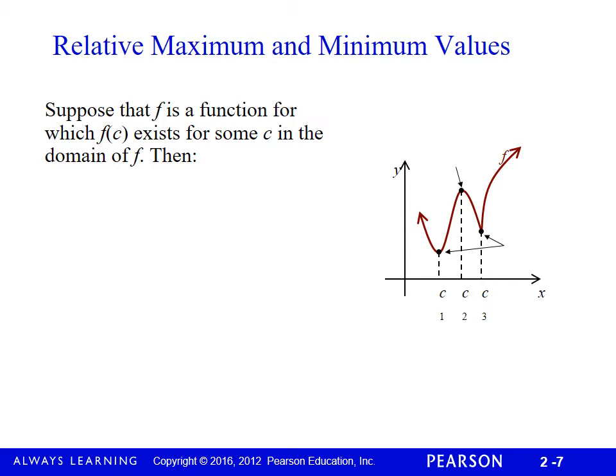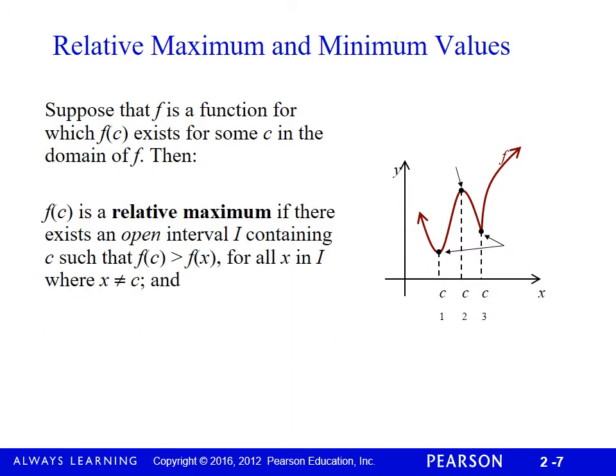And so f of c exists for some x value, x equals c, in the domain of f. Okay, then we say that f of c is a relative maximum if there exists an open interval I containing c such that f of c is greater than f of x for all x in that interval.